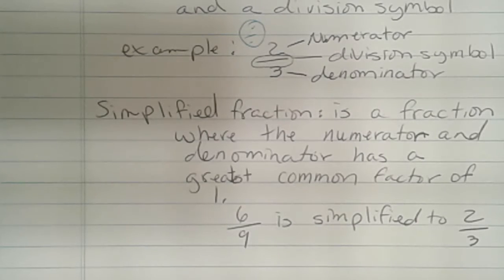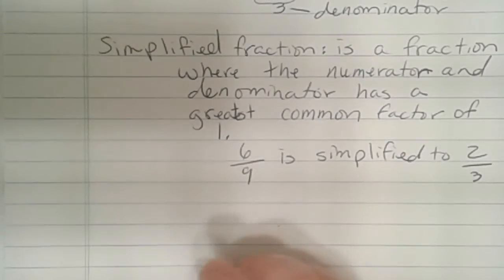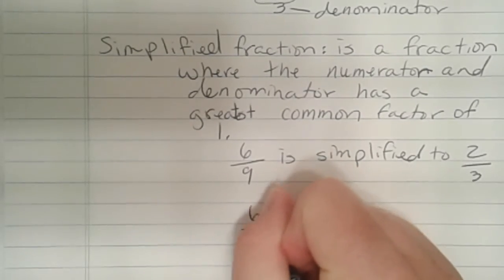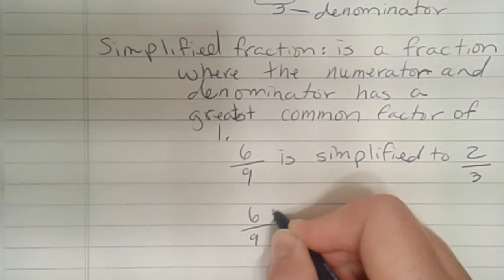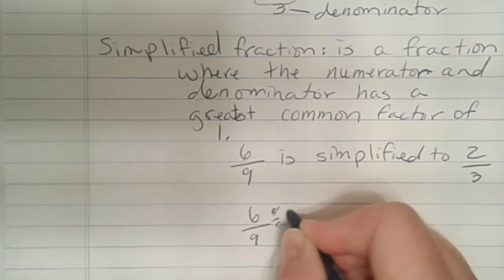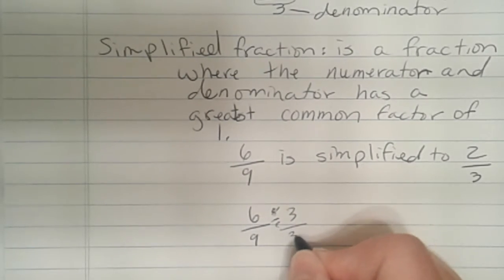So what we really did here was we said, hey, look, we have 6 and 9, and I'm going to divide 6 by 3, and I'm going to divide 9 by 3.